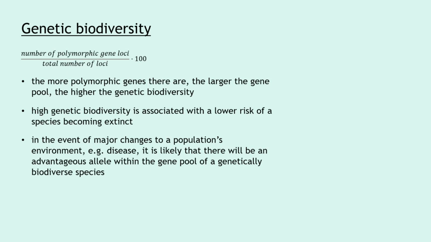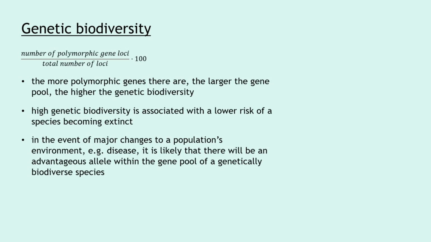If you've got a population with high genetic biodiversity, so a large gene pool, you are likely to find an allele which confers a selective advantage, which is advantageous with respect to an individual being able to cope better with this major change in the environment.